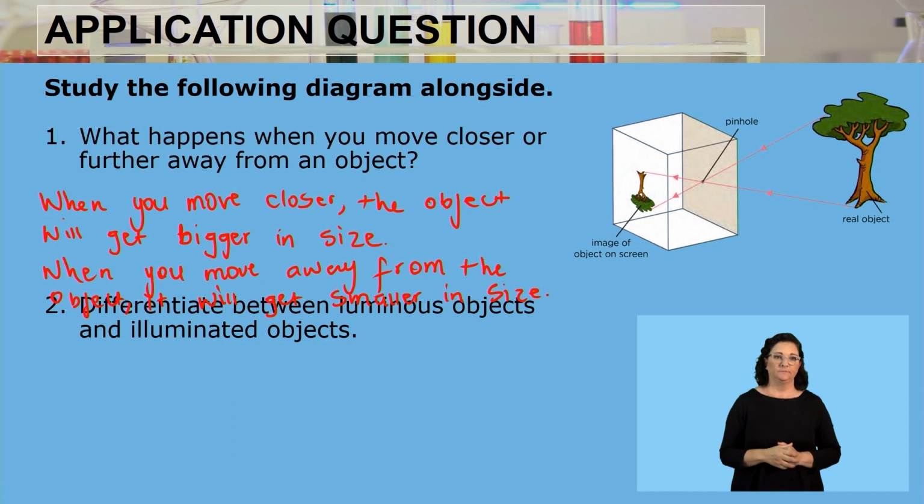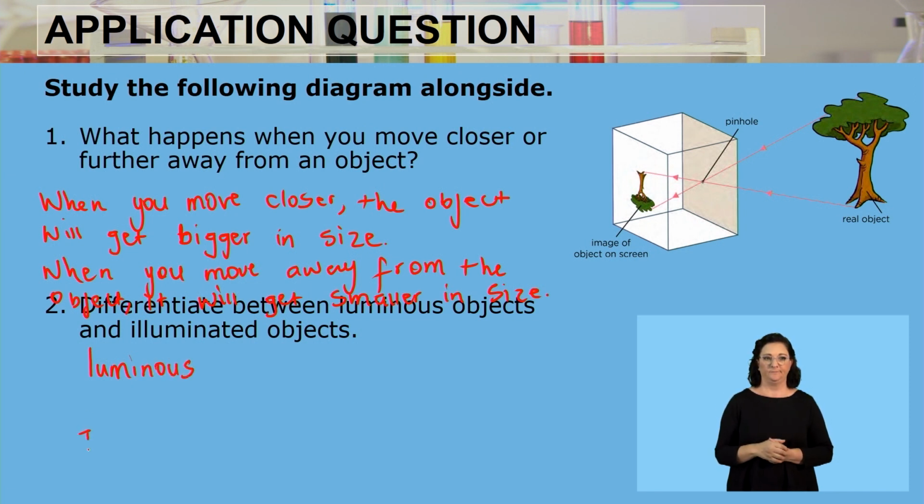So this question says we need to differentiate between luminous objects and illuminated objects. What is the difference?